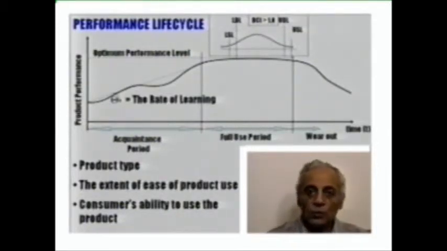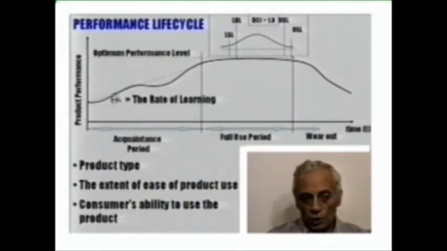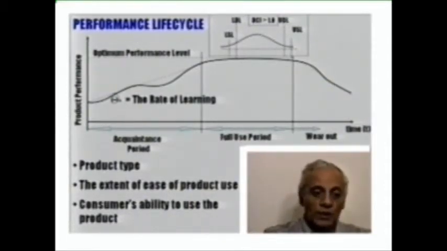Then you need to understand or judge the rate of learning in that view. Consumers' ability to use the product, the issue of oil change, the issue of basic maintenance have to be clarified, and these are all factors that may vary from one product type to another.